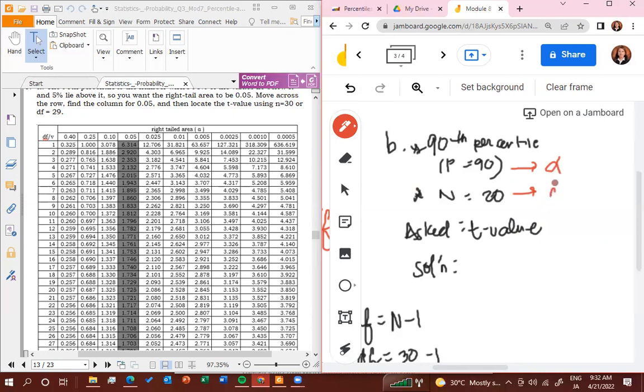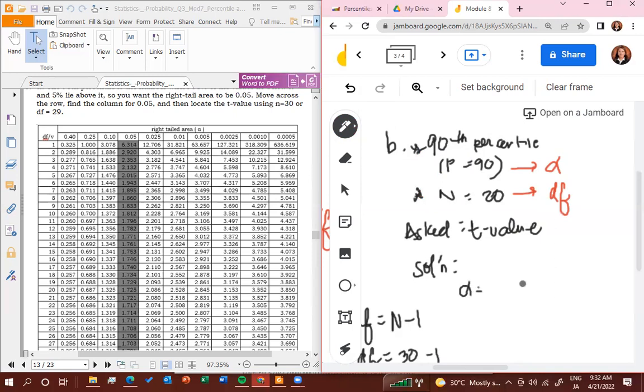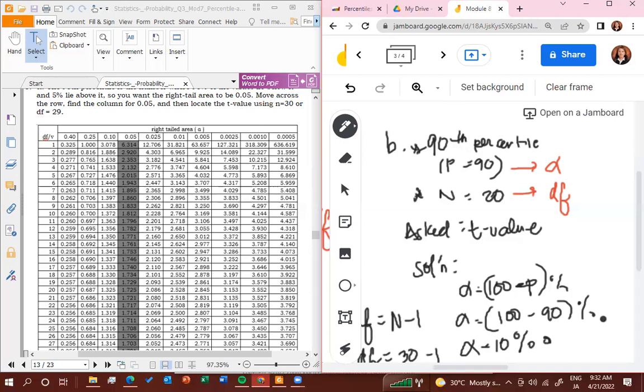We use the relationship of alpha and the percentile, which is equal to 100 minus p. So 100 minus 90, the alpha would be 10%, or in decimal terms, 0.1.